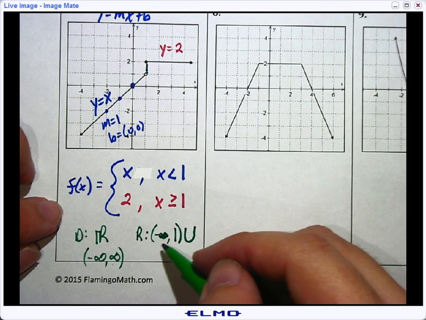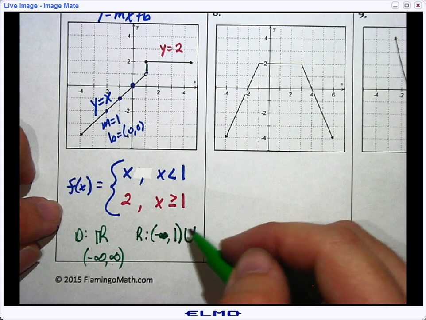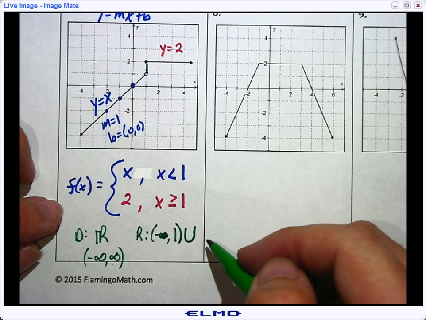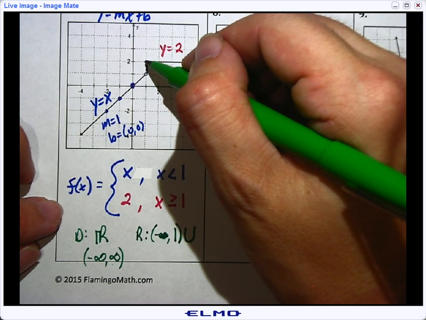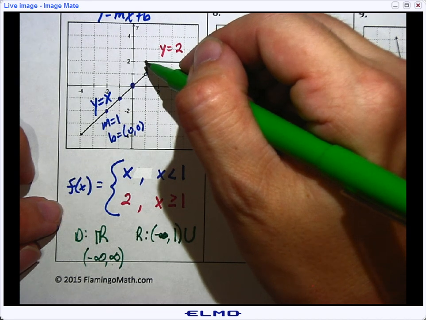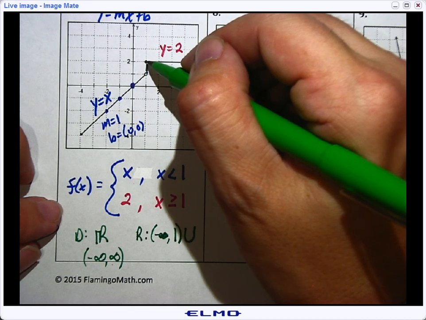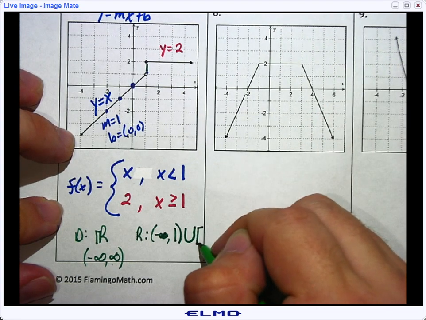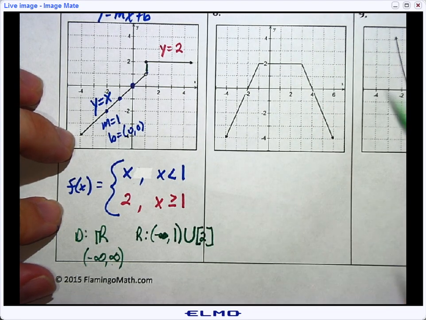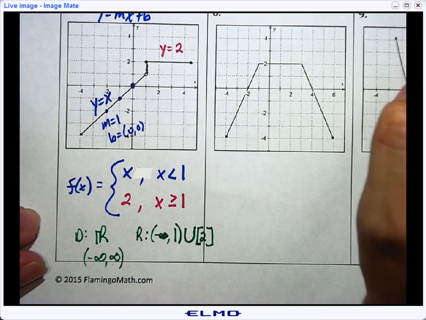So it goes from negative infinity to 1. Then I'm going to jump somewhere, and it's going to pick up at 2. But I'm never going to go above 2. But 2 is included because it's a closed circle, and we have this horizontal line. So bracket 2. And that would be your range.